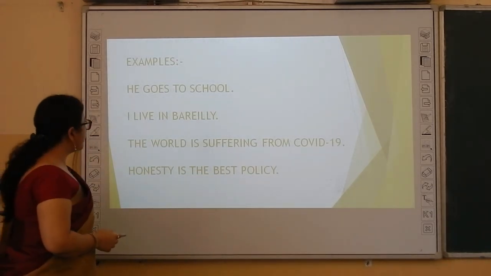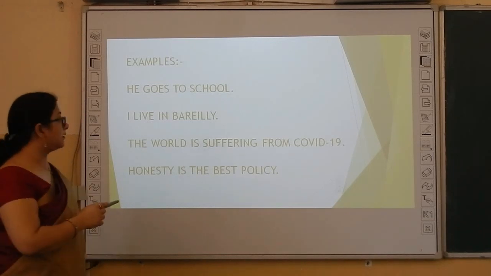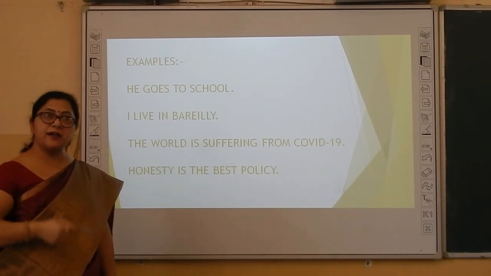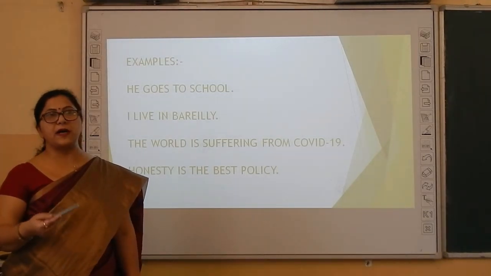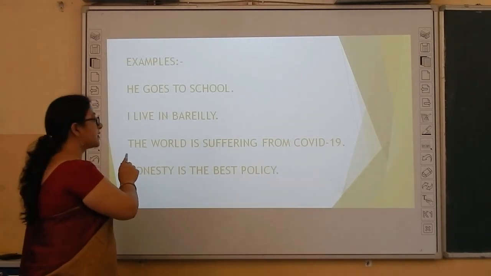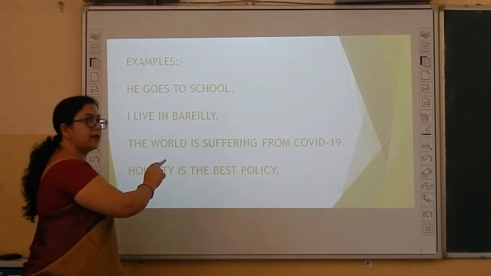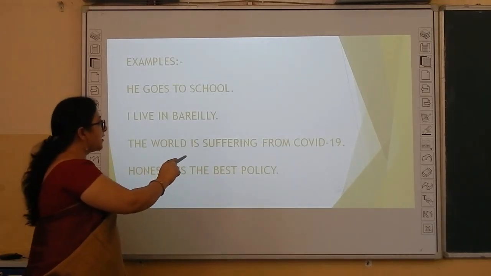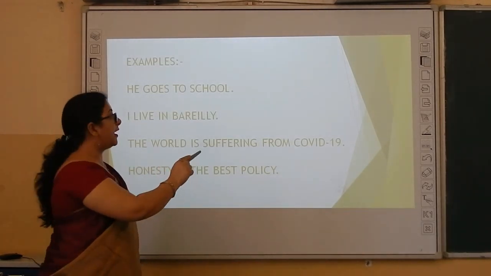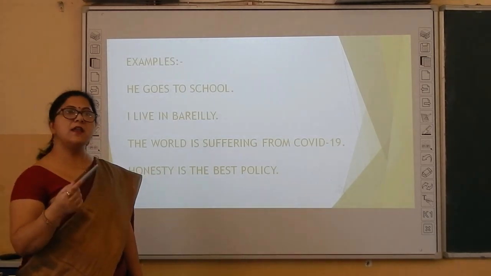Our third example is the world is suffering from COVID-19. In this sentence, the is an article, and article is a part of speech, adjective. So it becomes the is an adjective, world is a noun, is a verb, suffering is also a verb, from is a preposition, and COVID-19 is the name of a disease, so it becomes a noun.